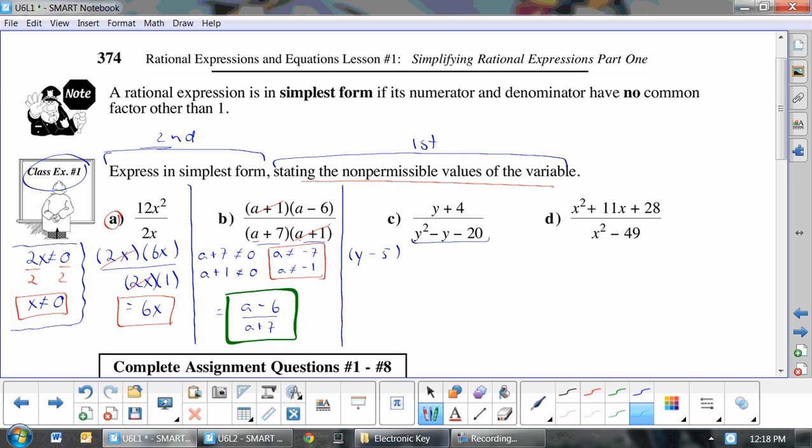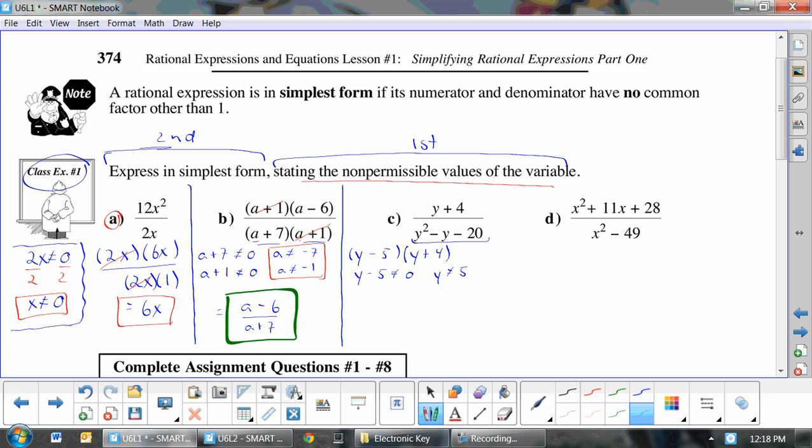Yeah, and then what's the other one, Aaron? Yeah, y plus 4. Perfect. So that's how it factors. And then for our non-permissibles, we go y minus 5 cannot equal 0, so y cannot equal 5.